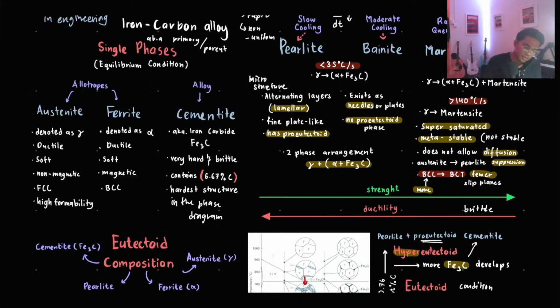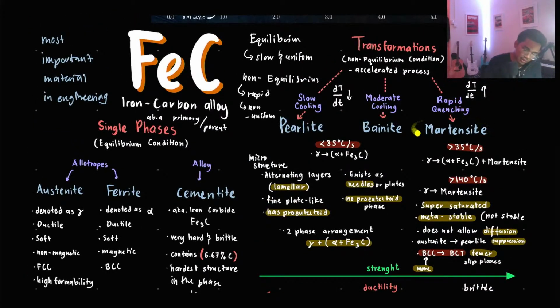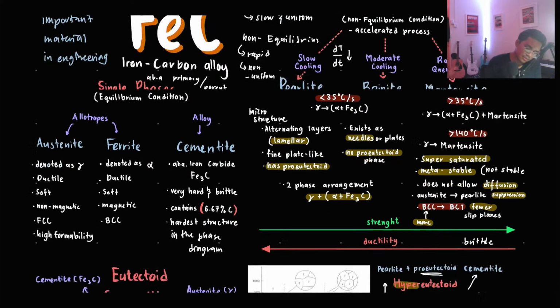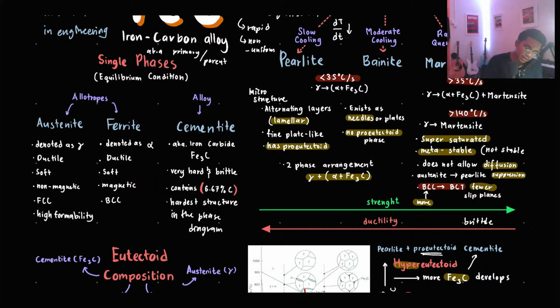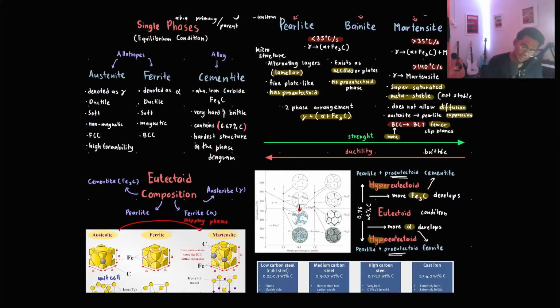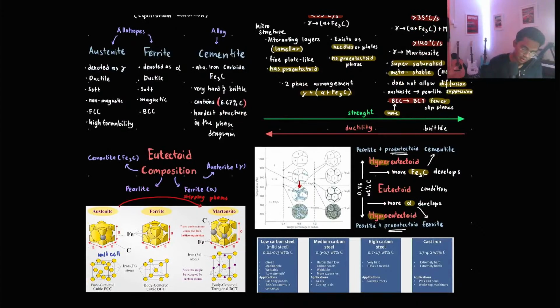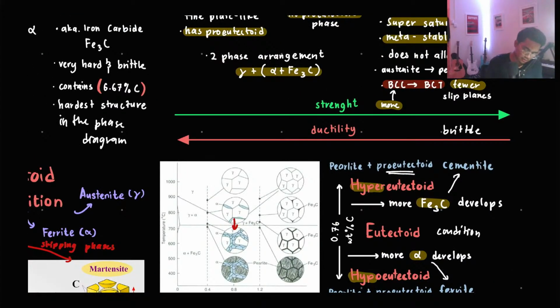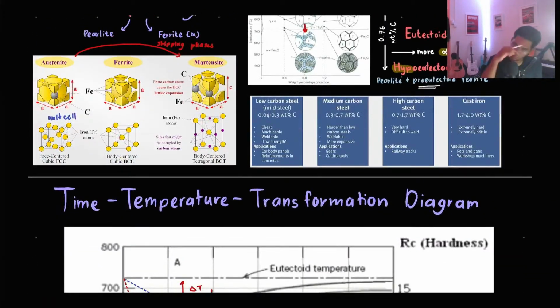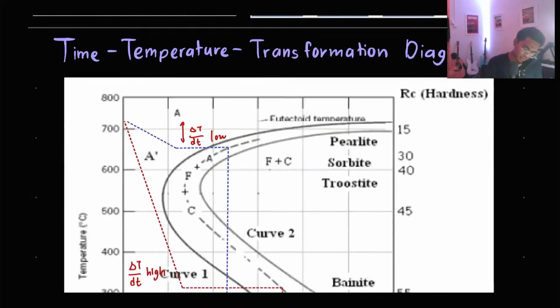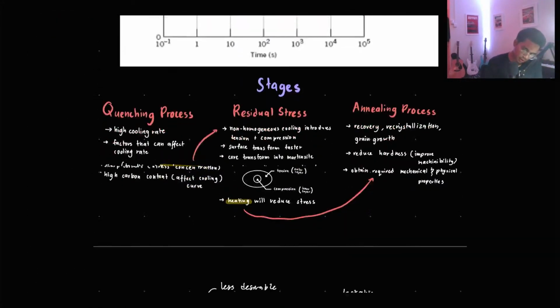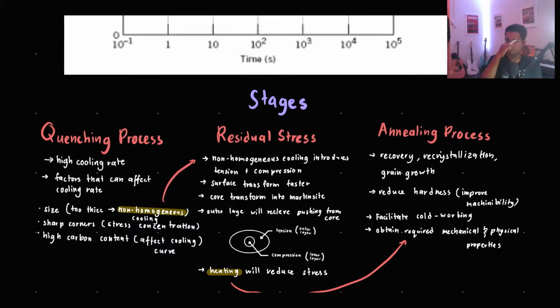Martensite is stronger than pearlite, but pearlite is much more ductile than martensite. Okay, so that's basic. You can tell by the arrows here. So let's talk about the stages of martensite.